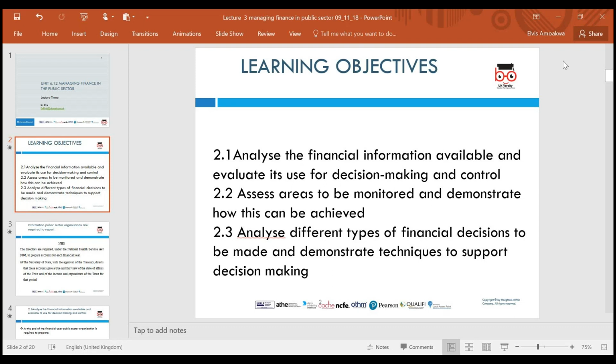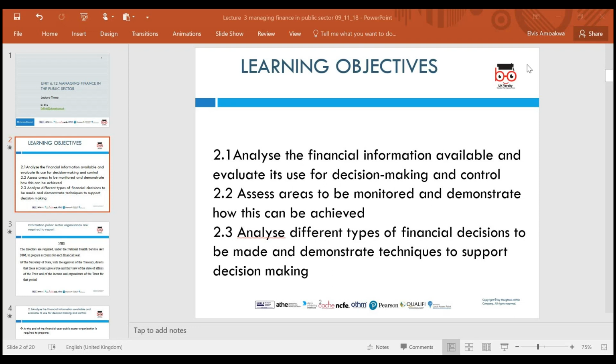Lovely. So, Stephanie, what we're going to do is, let me allow someone else to join. Right. What we're going to do is look at learning outcome 2. All that we need to do is to analyze the financial information available and evaluate its use for decision making and control.